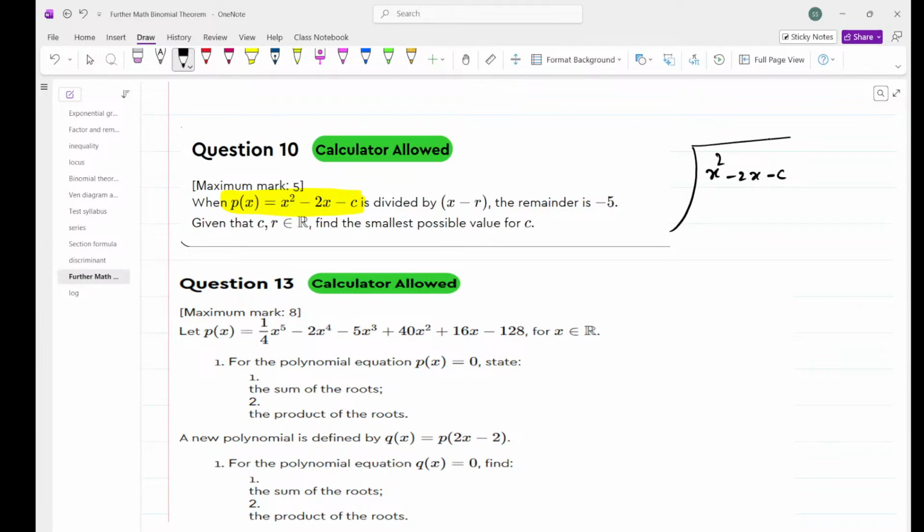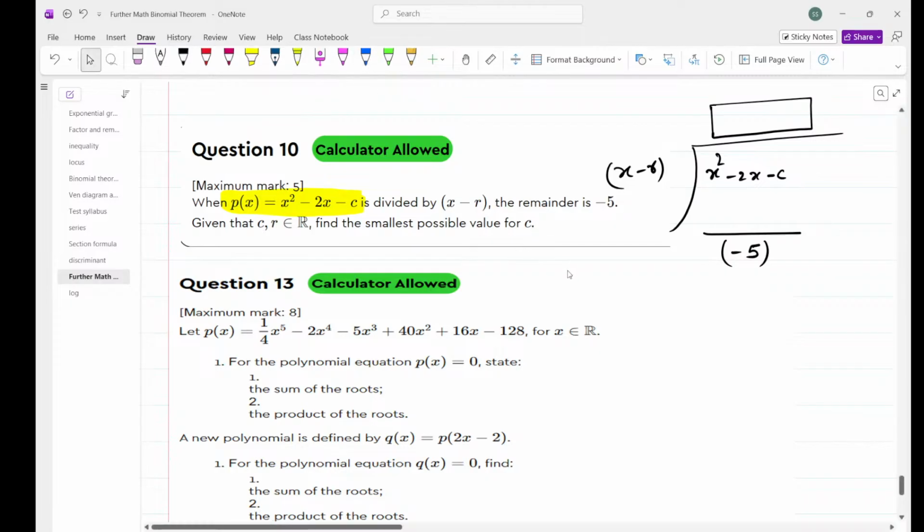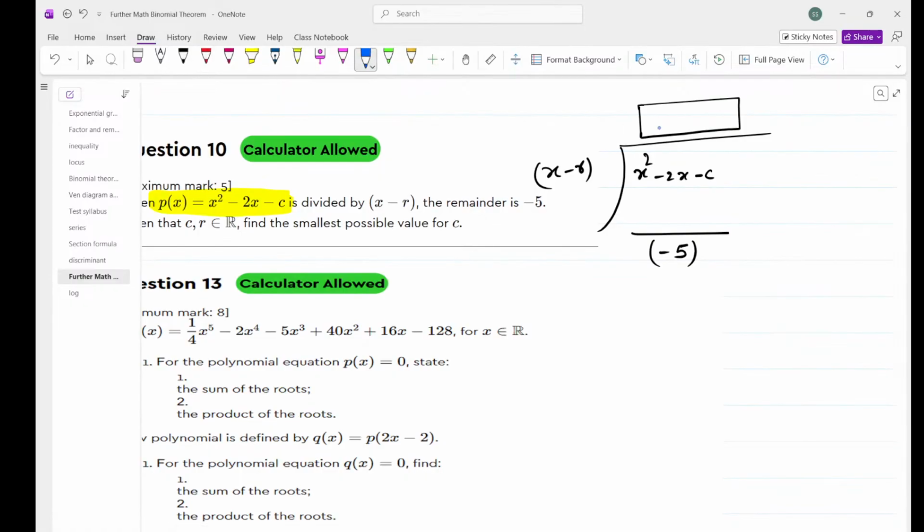When this is divided by x minus r, the remainder is minus 5, right? We don't have any information about the quotient. Could I say minus 5 times x minus r is the quotient?